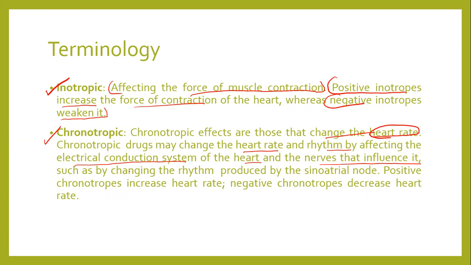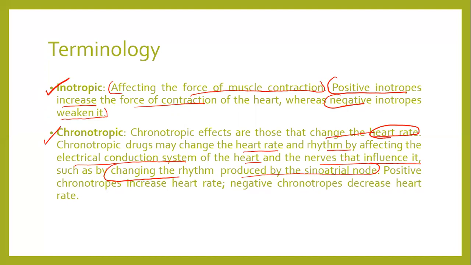It can also be a change in the rhythm which is produced by the sinoatrial node. As we have already studied, the sinoatrial node is the pacemaker of the heart. If we alter the pace created by the sinoatrial node, then we can change the heart rate.